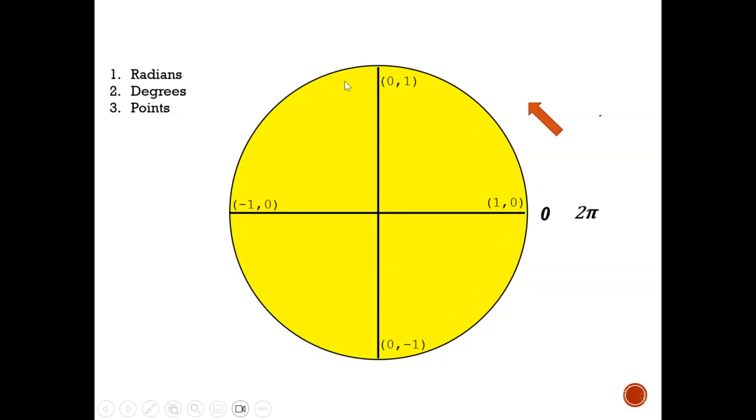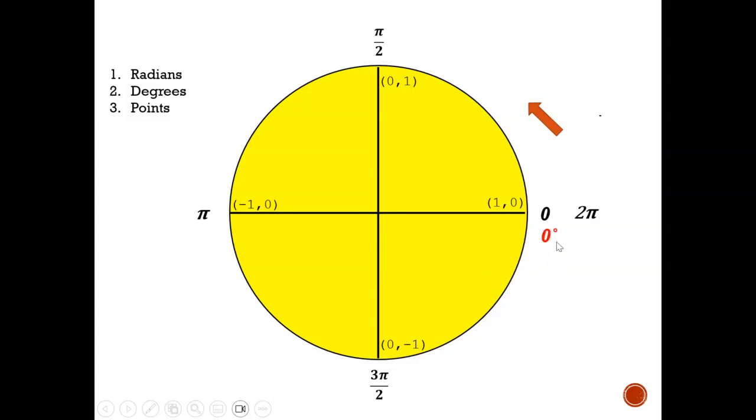So if this is 0 and we go a complete turn around the circle, then where the negative 1, 0 is, it's going to be pi, because the whole circle is 2 pi, so half will be pi. Half of pi will just be half a pi. And halfway between pi and 2 pi will be 3 pi over 2. So these are the radians.